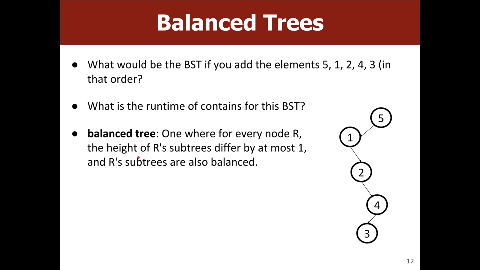A balanced tree is one where you make sure that the subtrees are the same size or very close to the same size. Our Stanford libraries have that guarantee built in, and there are some modifications you can make to get a balanced tree.